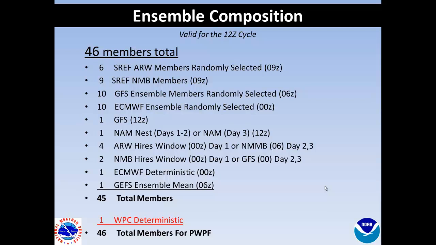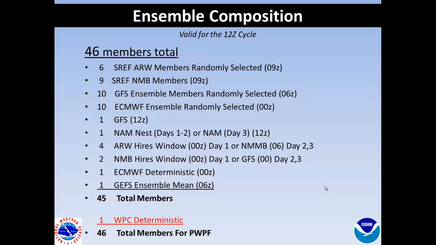Last season included many more members of the ARW, and because of the model's ability to basically blow up snowfall forecasts, not only in the Mid-Atlantic but also across the nation, they pared down the number of the ARW members that are going into the statistical distribution. There are 9 members from the NMB. We have 10 GFS ensemble members, as well as 10 European model members that go into the statistical analysis.